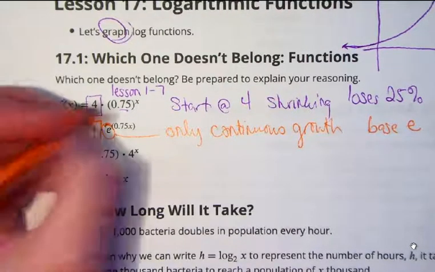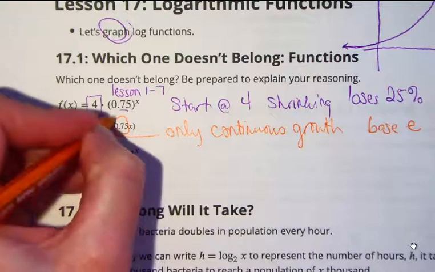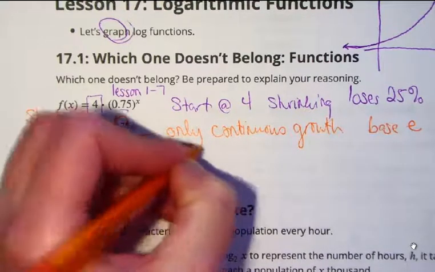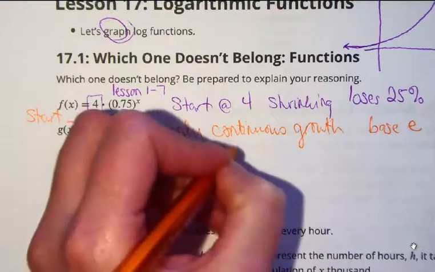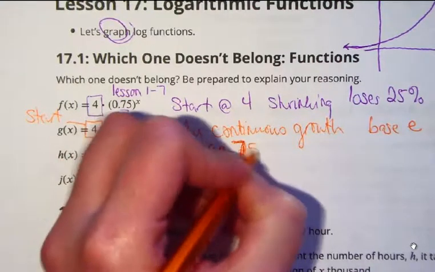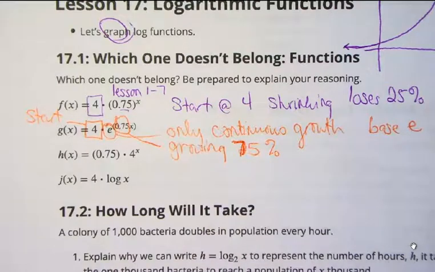So this one is actually starting at 100% and adding 75. So this one is growing 75% each cycle. Okay, however long a cycle is, however long an x is. So it's a growing graph, so that's something that makes those two different.